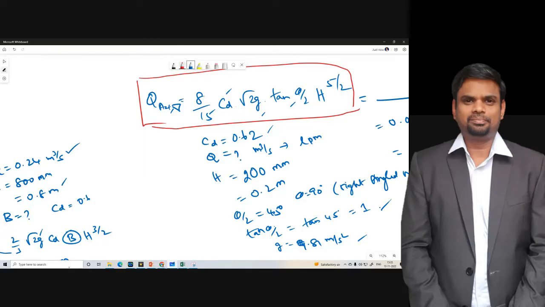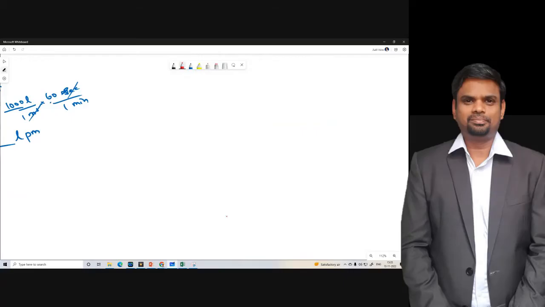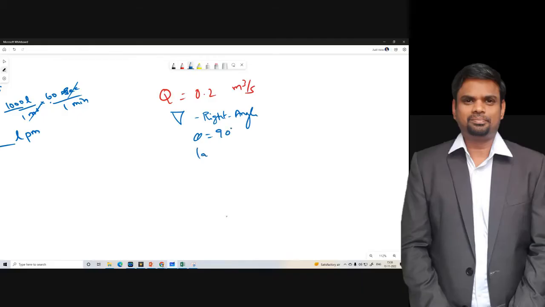In this numerical, Q is given, Q equal to 0.2 meter cube per second, and it is a right angled notch, that means theta equal to 90 degrees. So tan theta by 2 equal to tan 45 degrees equal to 1.